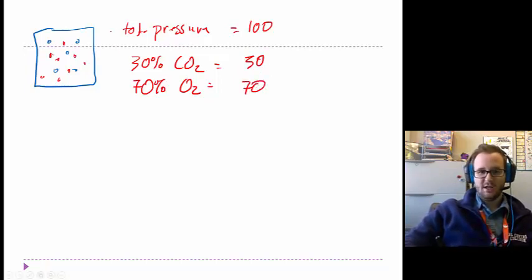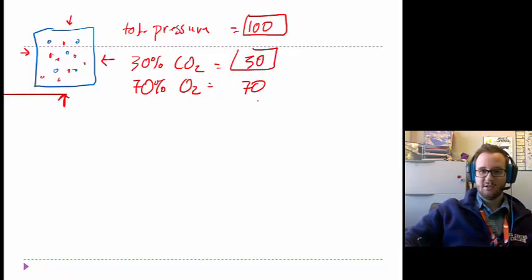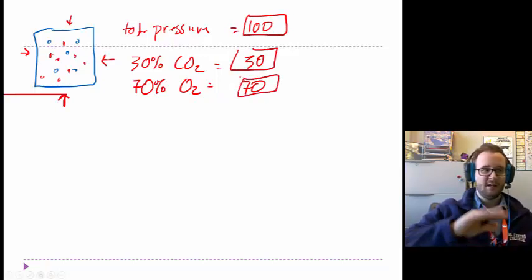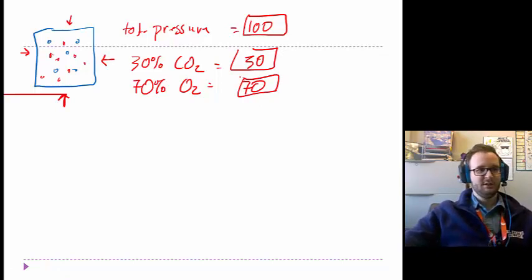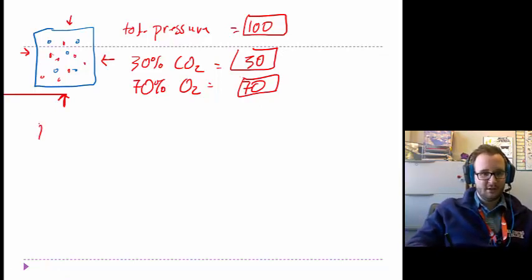All in all, this jar contains a mixture of gas. The total pressure is 100, and carbon dioxide is 30, and oxygen is 70 of that total pressure. And so this brings us to the next law, and this is Dalton's law.